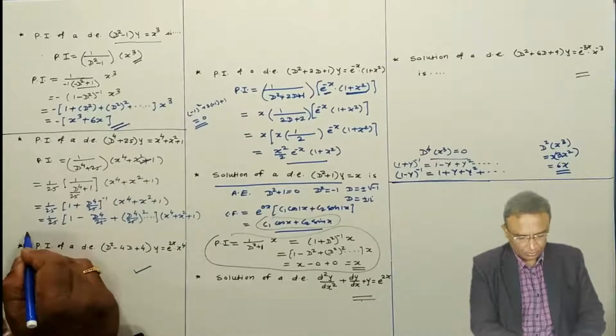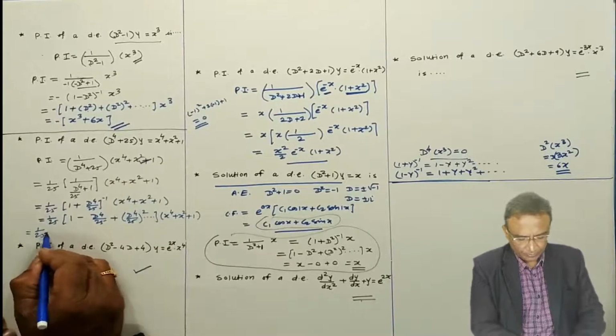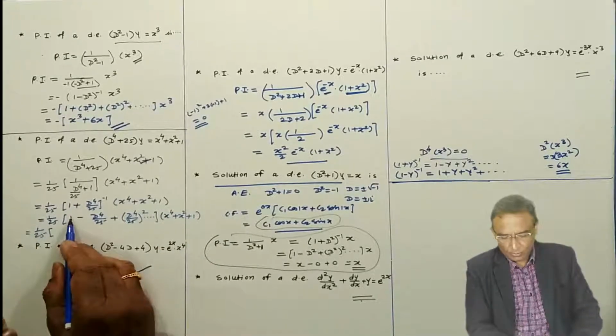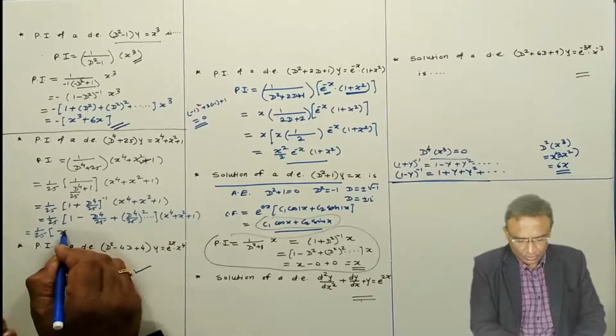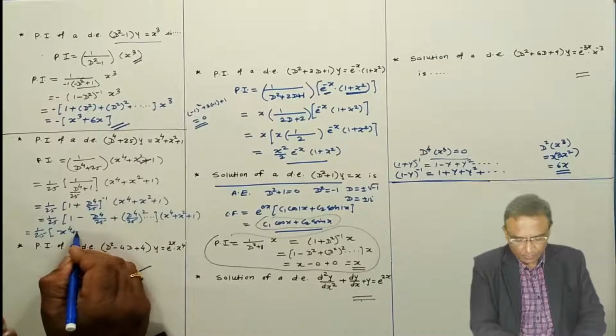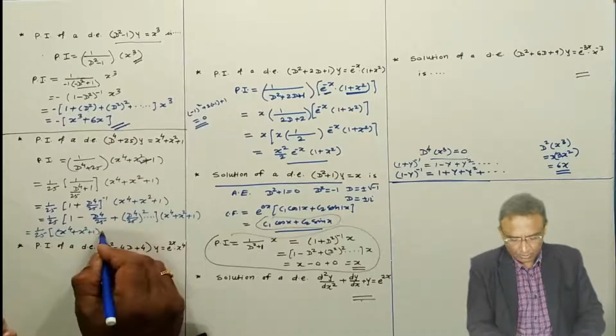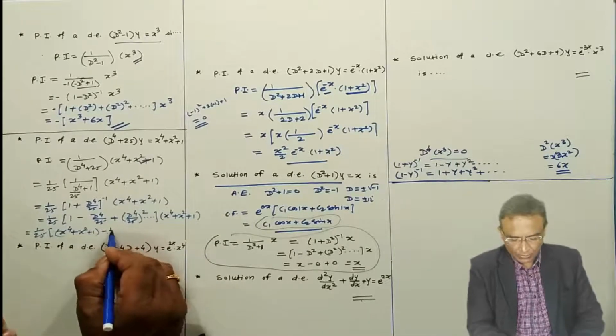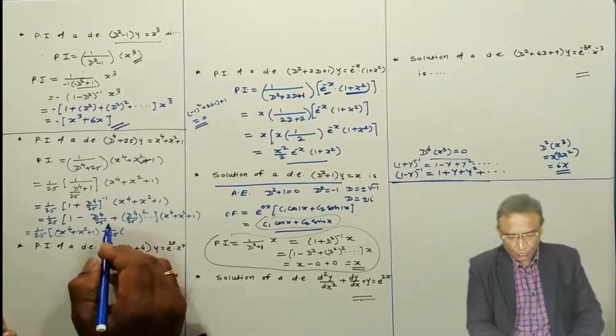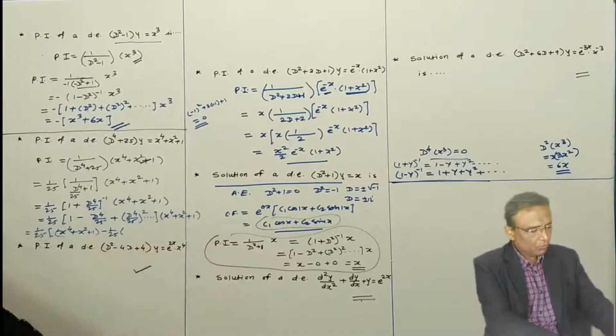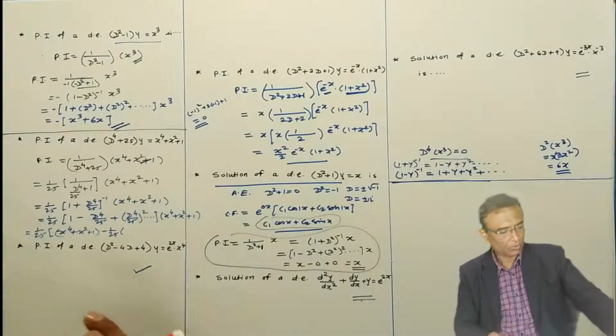Now 1 by 25, 1 multiplied by this polynomial, this term, minus 1 by 25, fourth derivative of x raised to power 4 plus 1, fourth derivative.